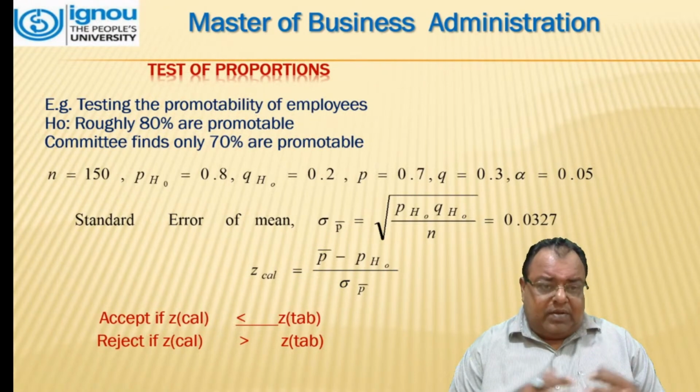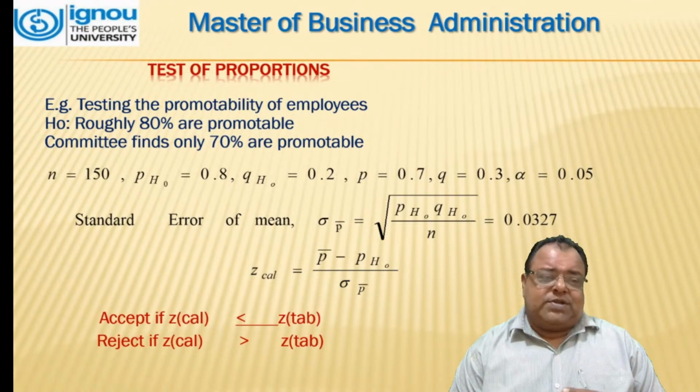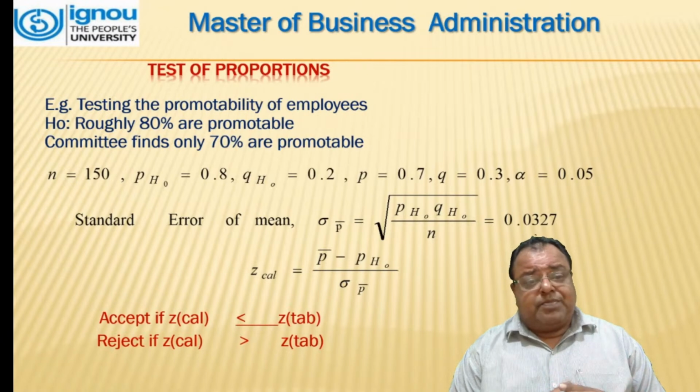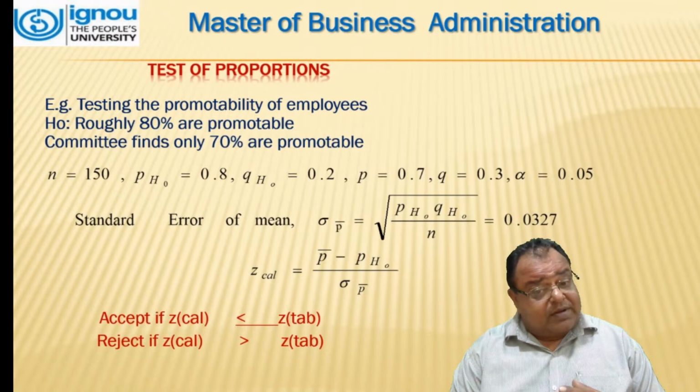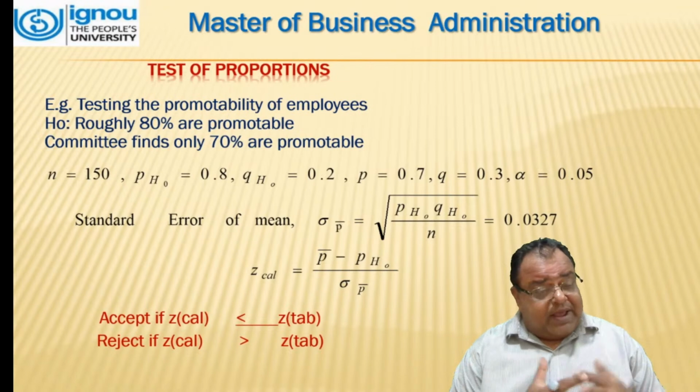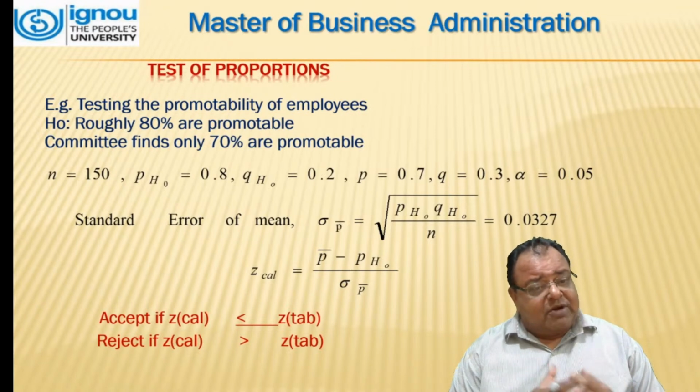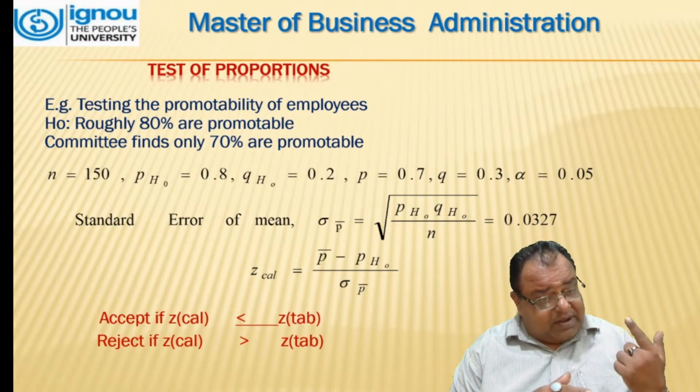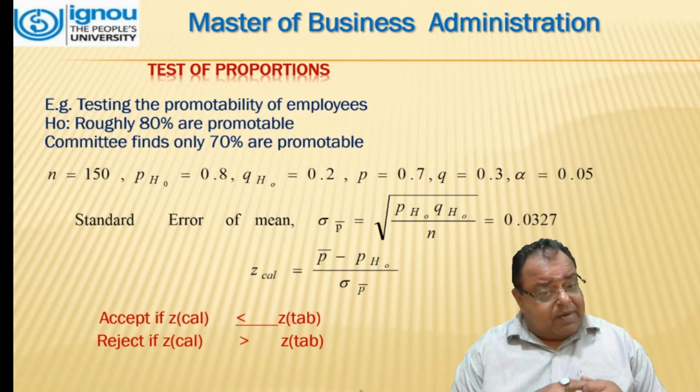Now, another case is the test of proportions. Here we are testing the proportion of employees promoted. H naught is that roughly 80% are promoted, but the committee finds that only 70% are promoted. Suppose your n is 150, P H naught is equal to 0.8, because it is related to probability.